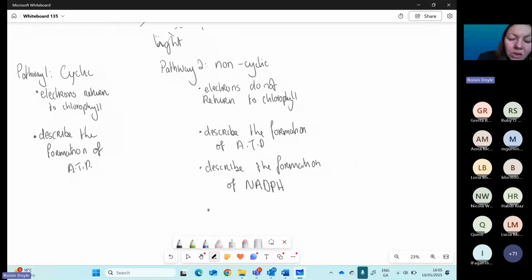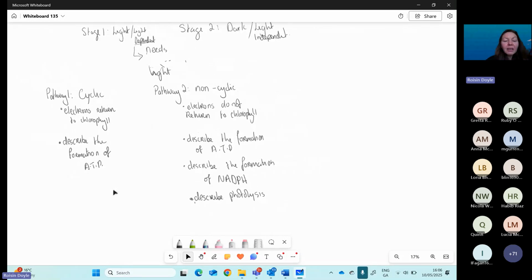And you would describe the photolysis of water. So that's what's happening now. Again, you'll say to yourself, how do I make ATP? I make ATP by ADP plus P plus energy. Where has this energy come from? This energy has come from electrons that have been energized or excited by sunlight. They join together, they make ATP. It's exactly the same way here.